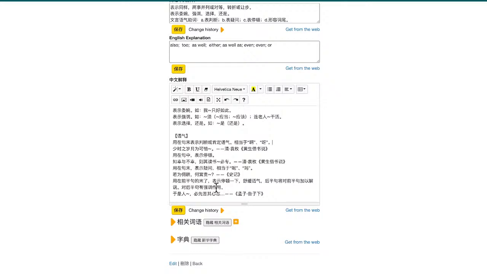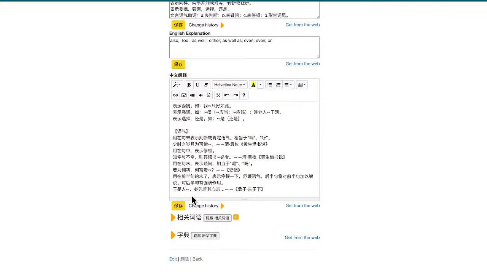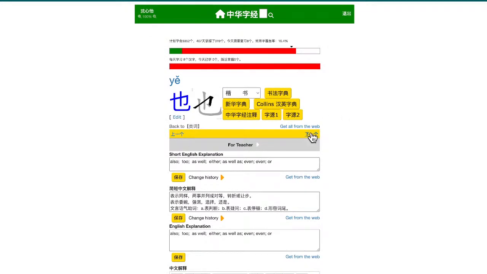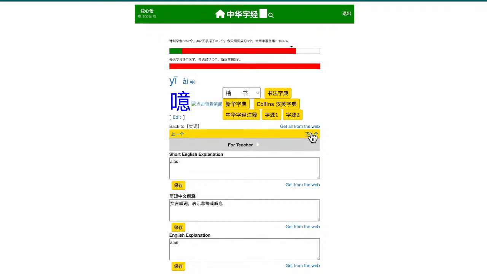Sometimes it's put at the end of the sentence, sometimes in the middle of the sentence to serve as a comma. At the end of a sentence it serves as the period. And 是人也必先苦其心志, things like that. So this is 也.